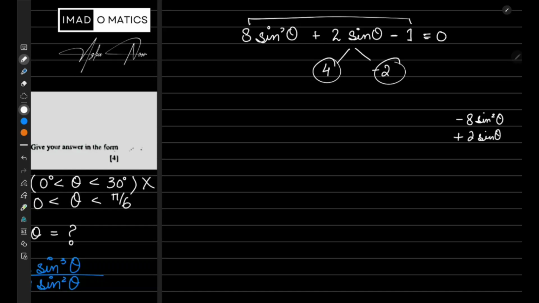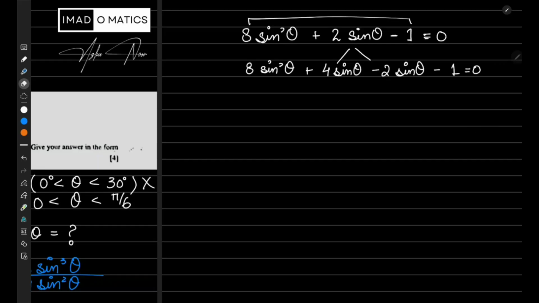So that tells us that it should be 4 sine theta minus 2 sine theta. That on multiplication will give you minus 8 sine square theta, and on adding, it will give you positive 2 sine theta. So this is your breaking of the middle term. Minus 1 equals 0.